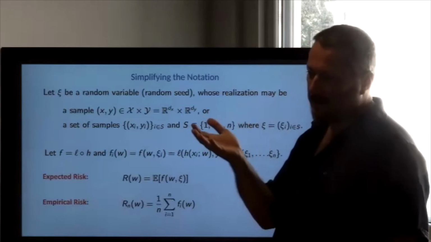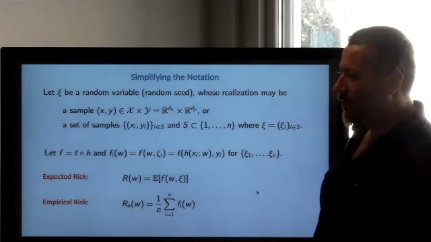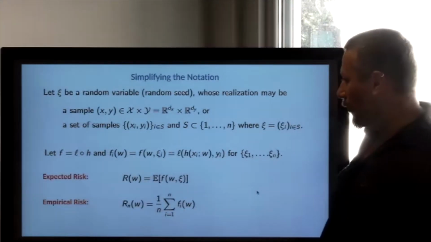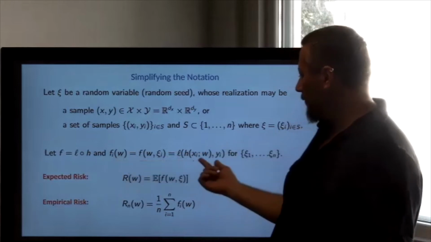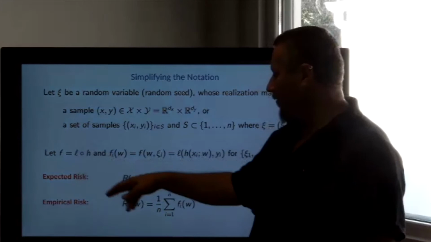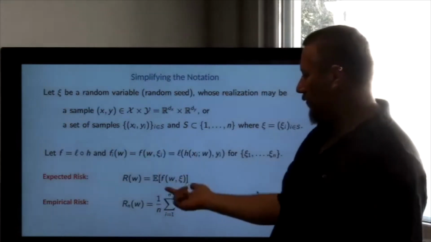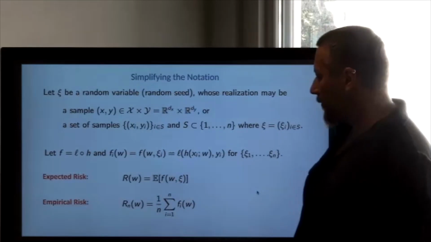It tells you how well your prediction function does on each data point, if you use it as f_i, or you can leave it like this, and you can talk about the expected value of this function with respect to this random variable xi.